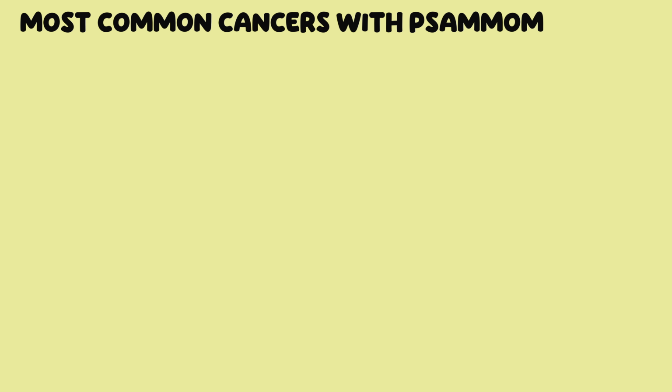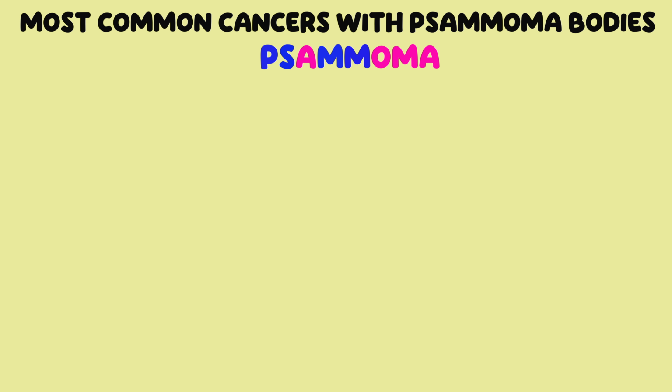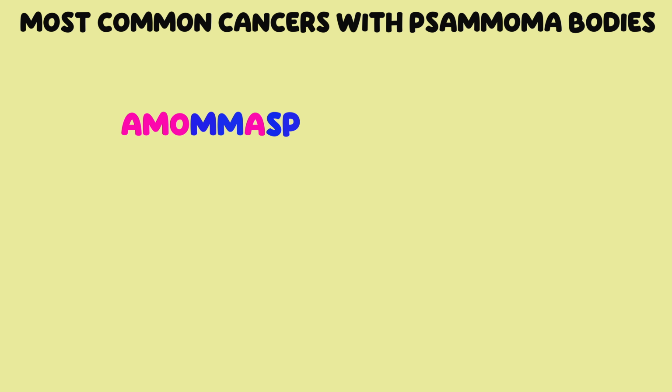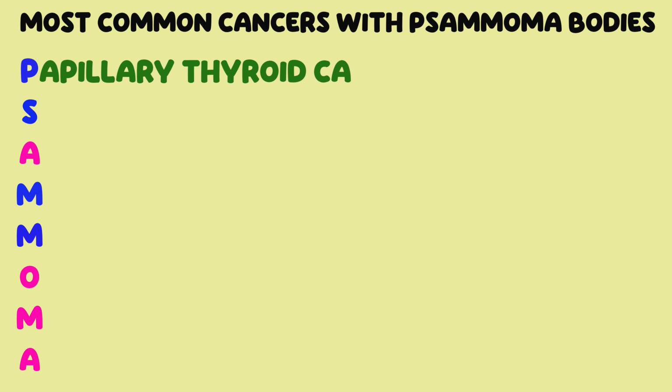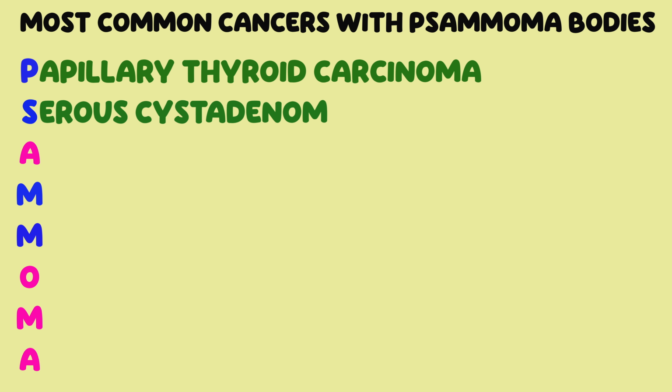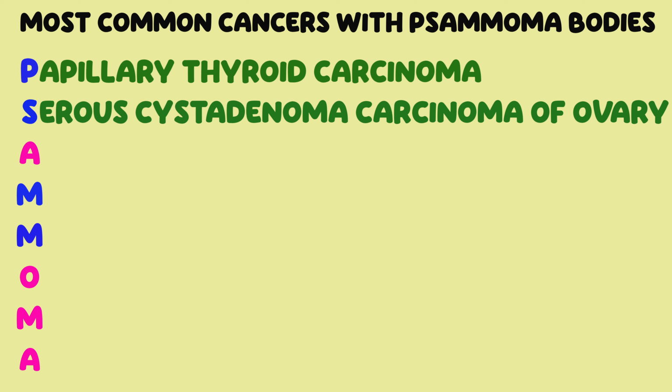But I've made a mnemonic for some of the most common cancers that have Psammoma bodies. So remember PSMM that you can get from the Psammoma spelling. P for papillary thyroid carcinoma, S for serous cystadenocarcinoma of ovary, M for meningioma, another M for mesothelioma.